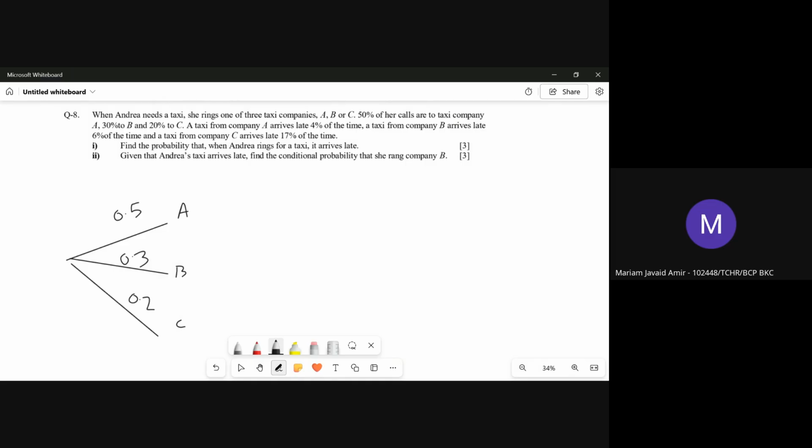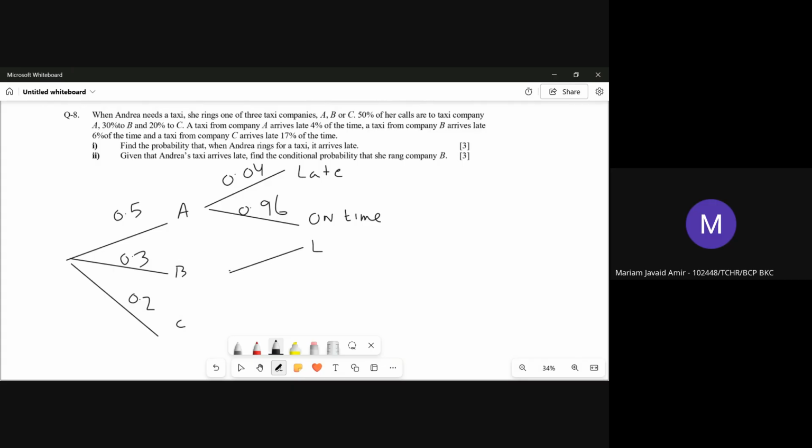A taxi from company A arrives late 4% of the time. So late arrival is 0.04. That means on time arrival would be 0.96. A taxi from company B arrives late 6% of the time.